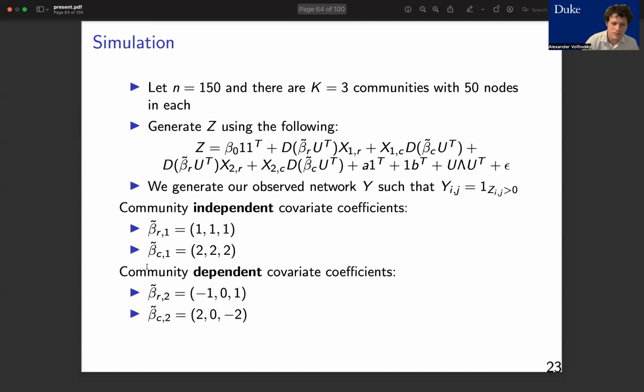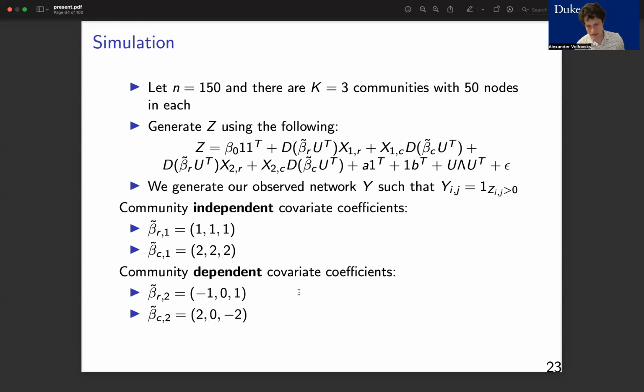We're now going to assume that the first row and the first column covariate are community independent, so you could just write it in the old format if you wanted to. The second row and second column covariates are community dependent. Most importantly, they have both positive and negative values, and on average, they zero out.